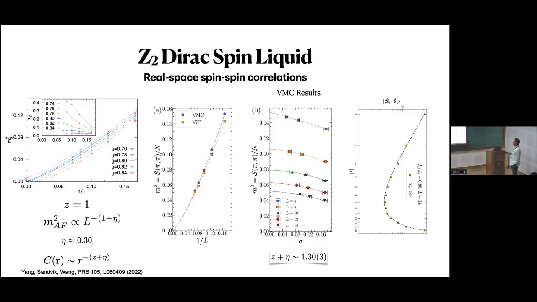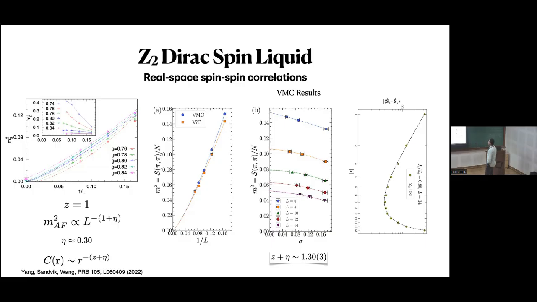So if you now, okay, that's one thing. The second thing is, what about spin-spin correlations in real space? So this is data from Anders Sandvik's paper, which computed the power of the decay of the spin-spin correlation, which can be extracted from how the magnetization falls with the system size. So at 0.8, which is the middle of the spin liquid, they computed that the power is 1.3 roughly. That's how the spin-spin correlations decay.